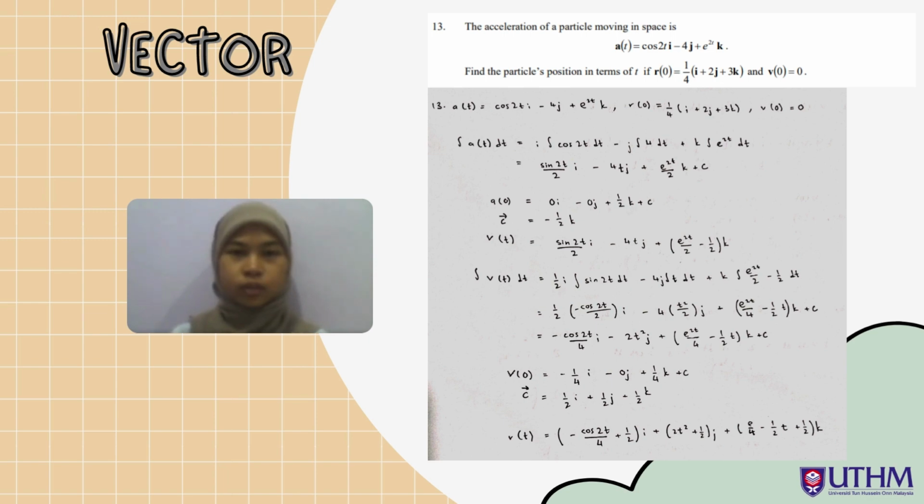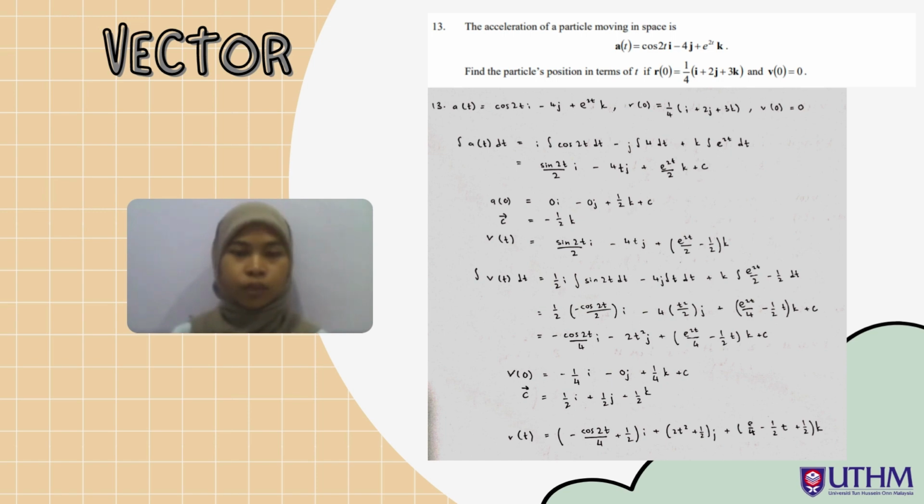Integrate sin 2t, we get negative cos 2t over 2. Don't forget to put out the constant here, 1 over 2. And then here, integrate t, we have t to the power of 2 over 2. And then integrate e to the power of 2t over 2, we get e to the power of 2t over 4, and then integrate 1 over 2, we get 1 over 2 t plus c.